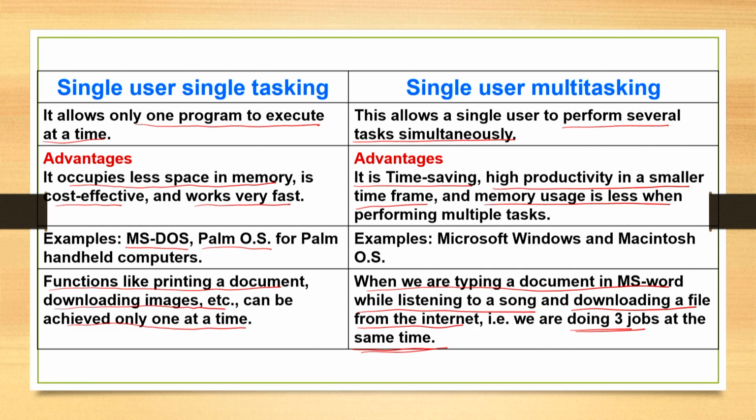Examples of single user multitasking are Microsoft Windows and the Macintosh operating system. So, in short, when we execute a single task by the single user, that is single user single tasking, and when a single user performs multiple tasks simultaneously, that is single user multitasking.